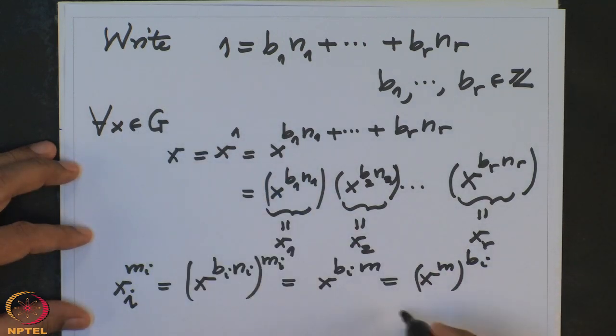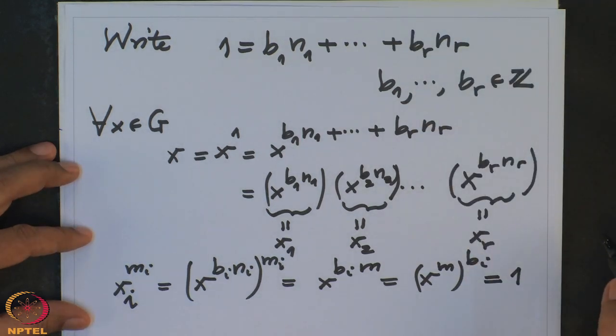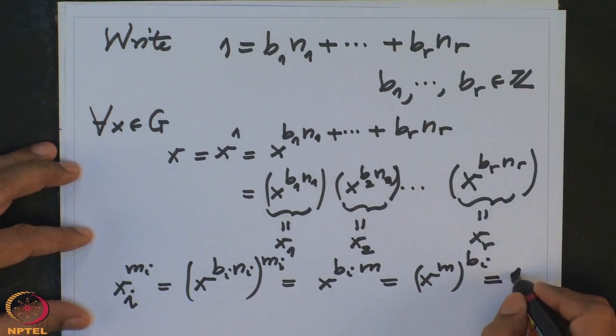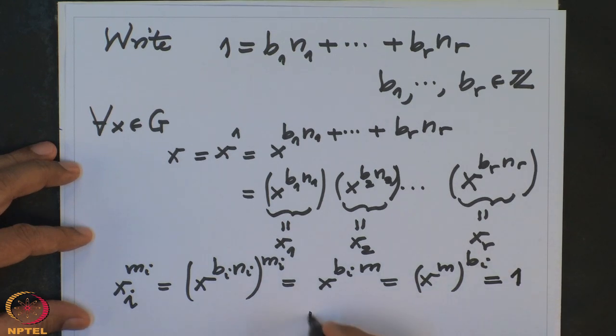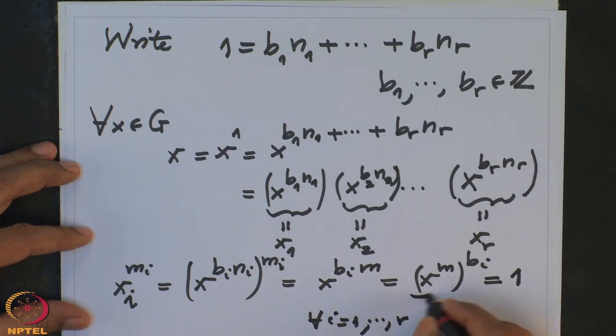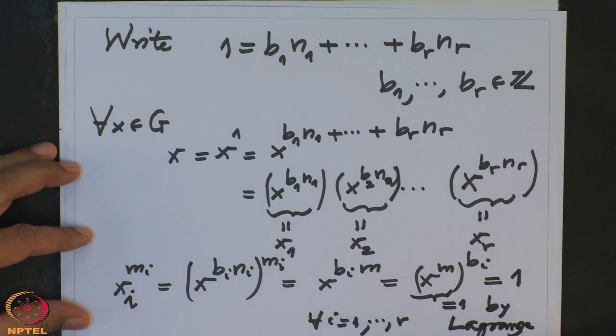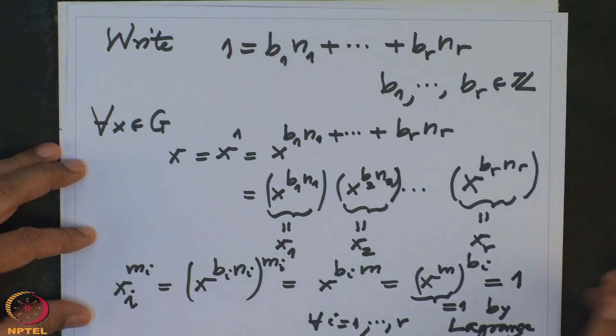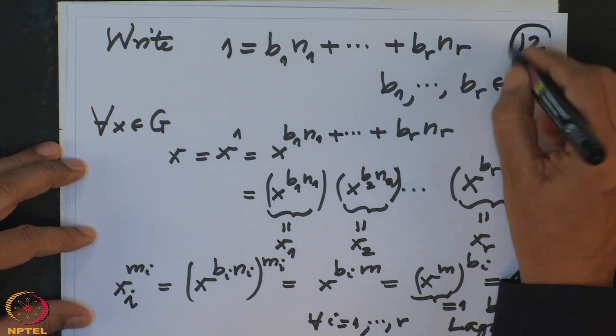Therefore x power m is identity, and I am denoting identity by 1, because it is a subgroup of K cross where 1 is the identity. This is true for every i from 1 to r, by Lagrange's theorem. Therefore xi power mi is 1 for all i from 1 to r. That is what we have checked.